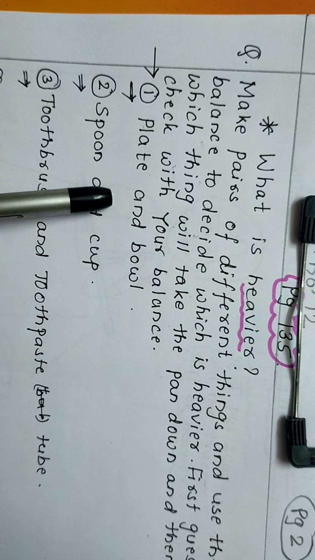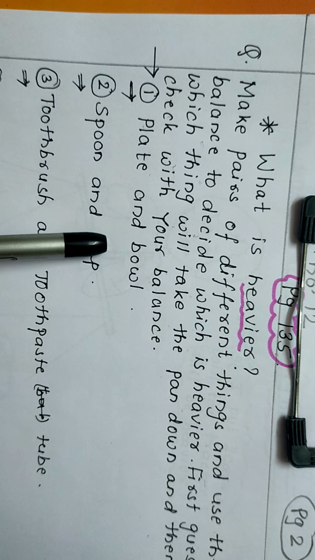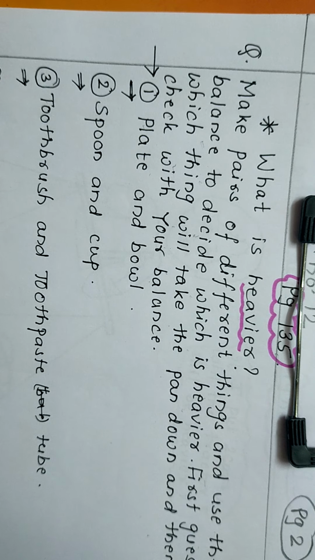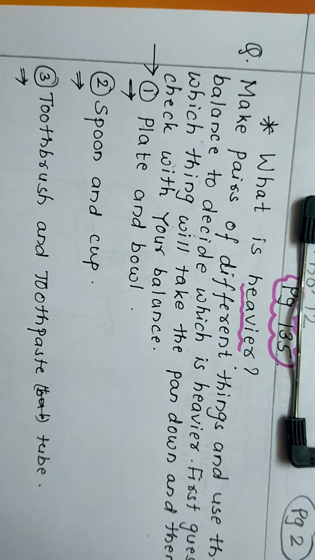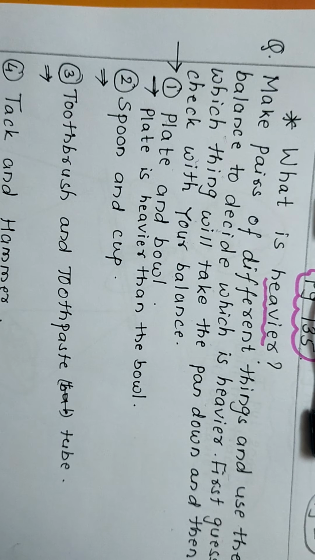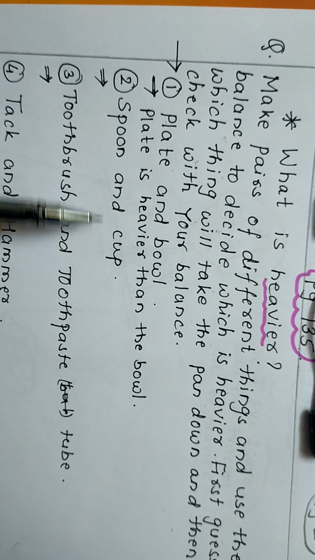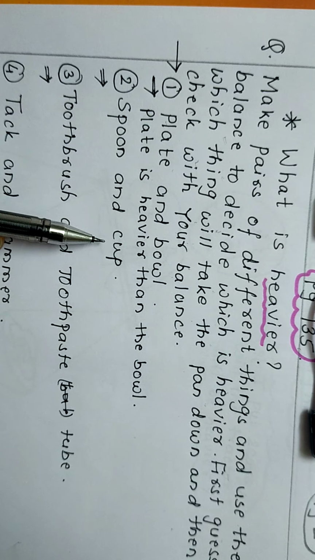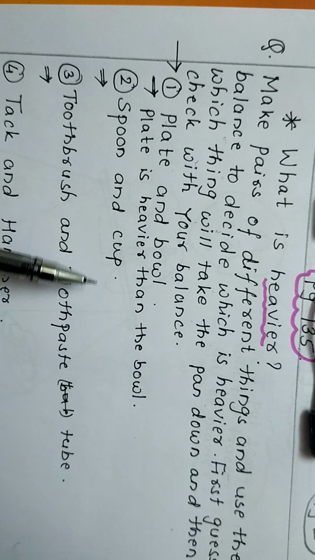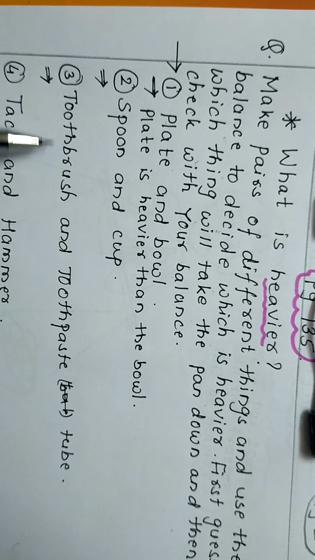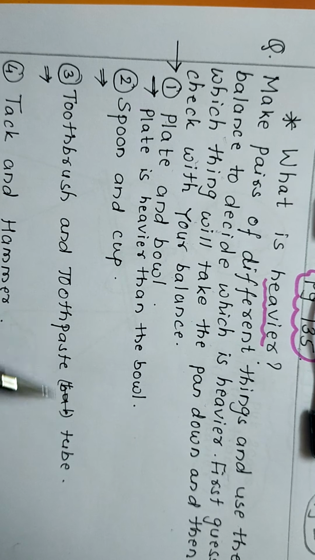So first of all, plate and bowl. Out of this, which one is heavier? The plate is heavier. So here I have written, plate is heavier than the bowl. Then spoon and cup. So from here only you can say that the cup is heavier than the spoon. Then toothbrush and toothpaste tube.